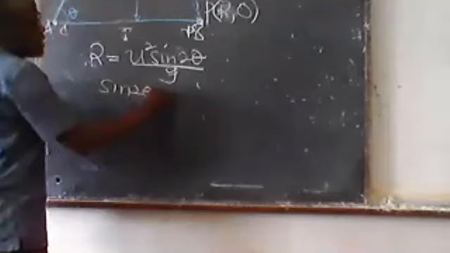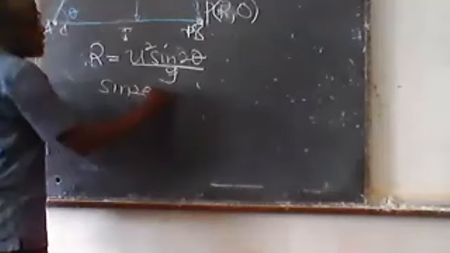So for you to get maximum R, sine 2 theta must be maximum. How do you maximize sine 2 theta? The maximum value of sine 2 theta is 1. Now, how do we achieve a 1 from sine 2 theta? We achieve a 1 from sine 2 theta when 2 theta is 90 degrees.